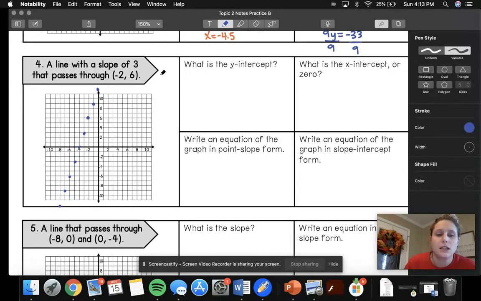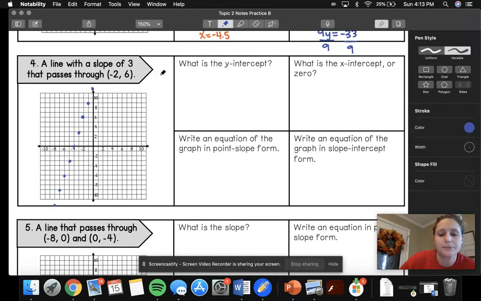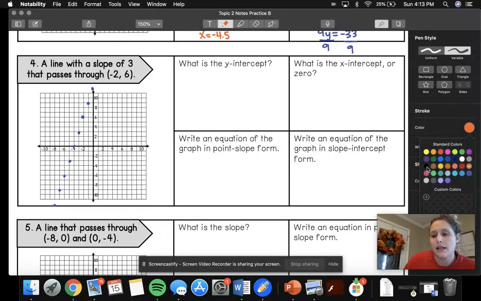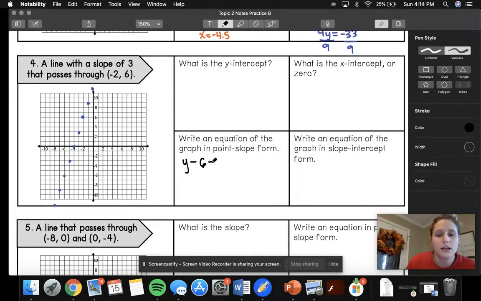What is the y-intercept? What is the x-intercept? What is the equation in point-slope form? And then what is the equation in slope-intercept form? So I'm going to go ahead and just put this in point-slope form since that's one of the questions. So y minus y1 equals our slope times x minus x1. So that's y minus 6 equals 3 times x plus 2.